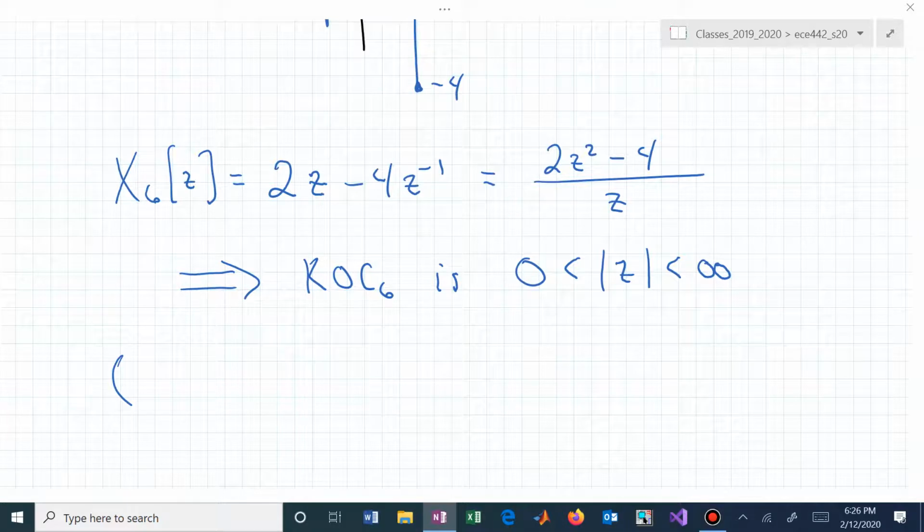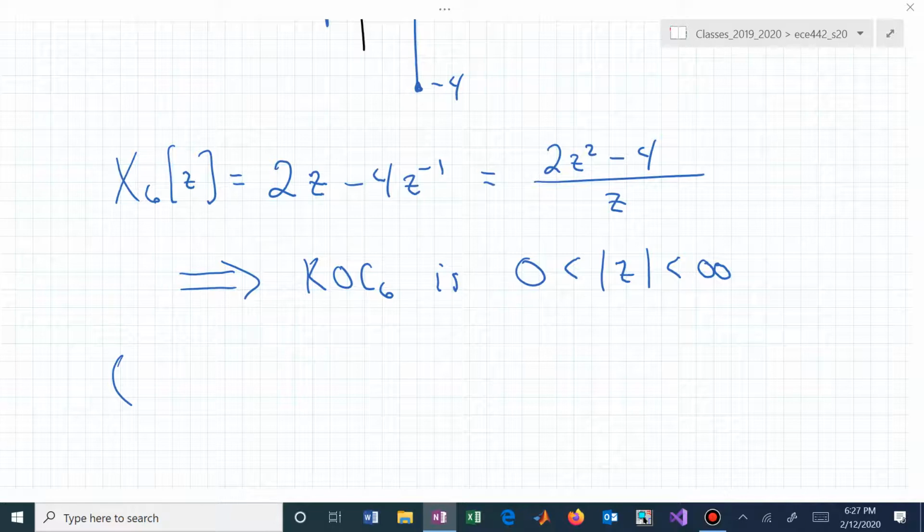We need to be told, or in this case, we were given the sequence, we can determine what the region of convergence is. But if somebody just immediately hands you a transform expression, they're not giving you enough information to be able to go back into the time domain.